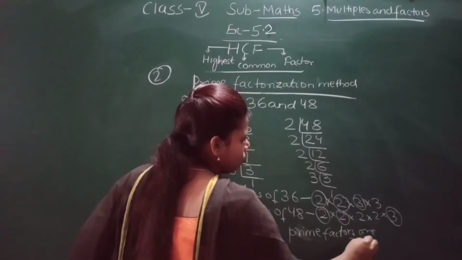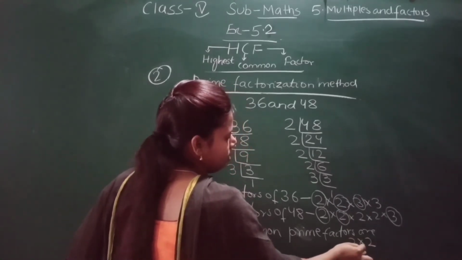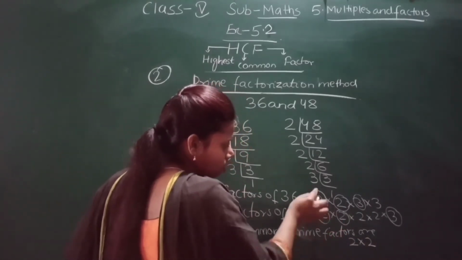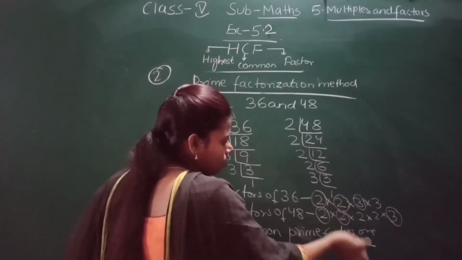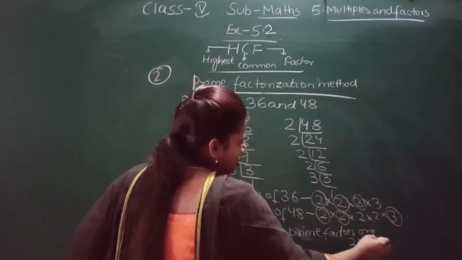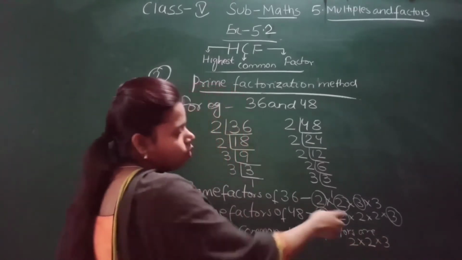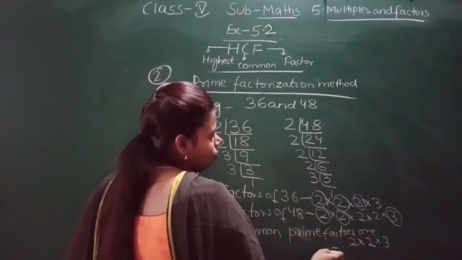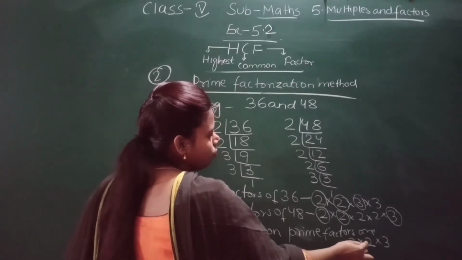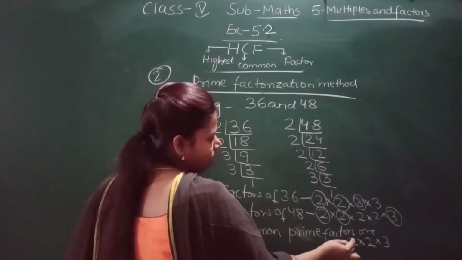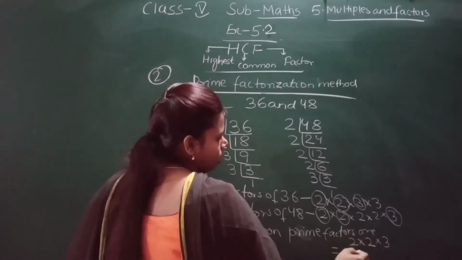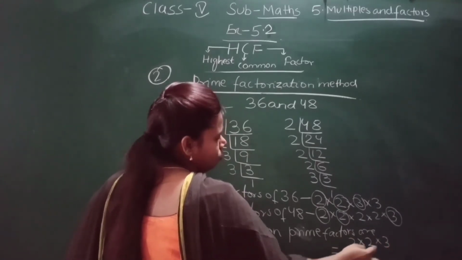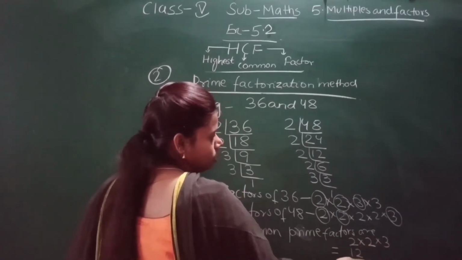Don't forget to write this multiply sign. Out of these 2s we will take one 2, out of these 2s we will take one 2, out of these 3s we will take one 3. Don't take all of them, that is not needed. So we got this. Now we will multiply this. 2 twos are 4, 4 threes are 12. You have to not just leave it, you have to multiply. So what is the HCF?